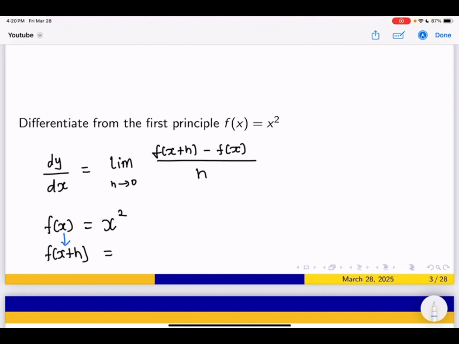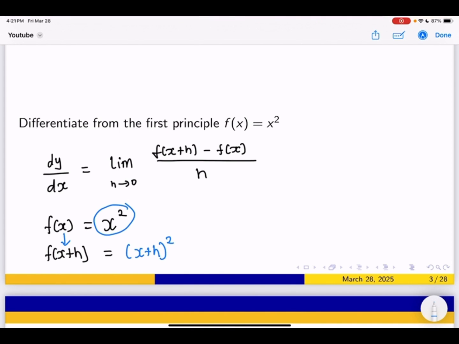So this means that if we see x in the f of x function, x is now equal to x plus h. So now we have the f of x function giving us x squared, right? But now x is now what? x plus h. So we are going to have x plus h all squared. So this will be your f of x plus h.